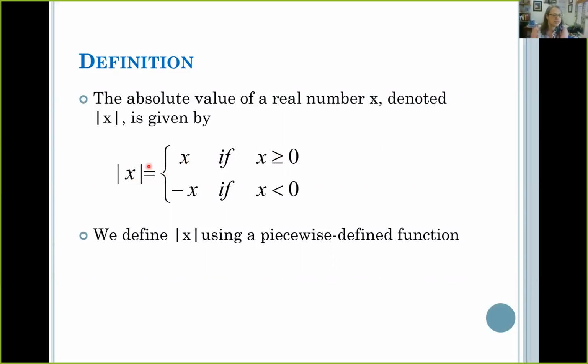The absolute value of x is equal to x if x is greater than or equal to 0, and the absolute value of x is equal to the opposite of x, or -x, if x is less than 0. So, for example, if we take the absolute value of -5, the negative of -5 is 5, which makes sense because we know that the absolute value of -5 is 5.